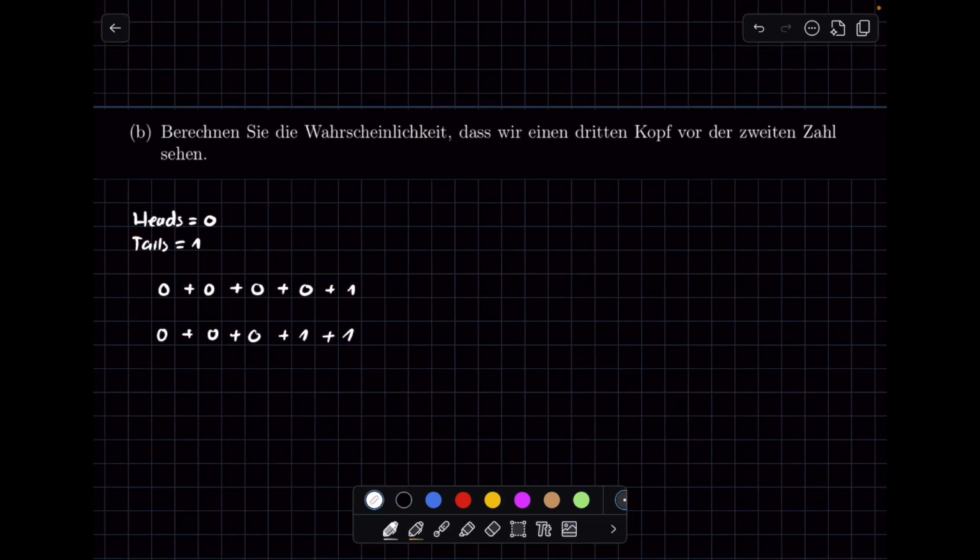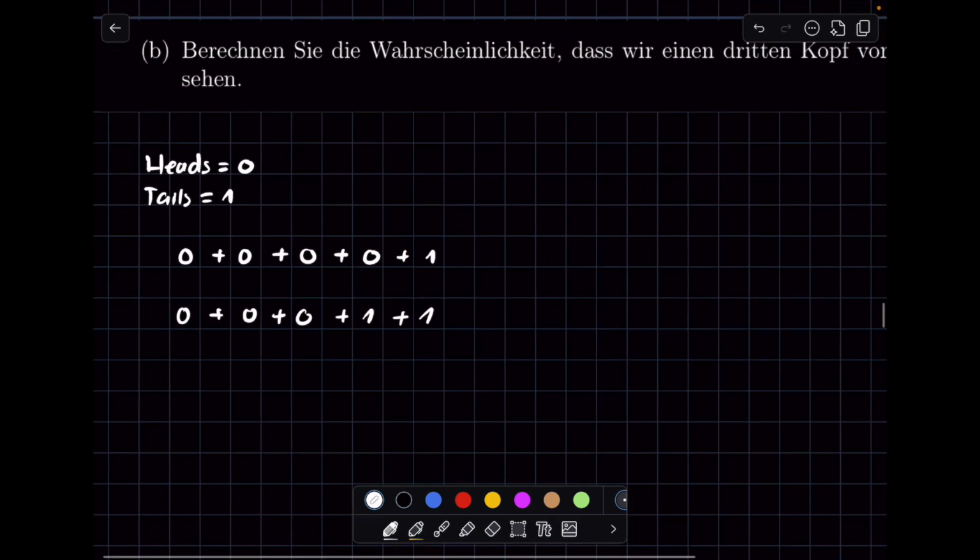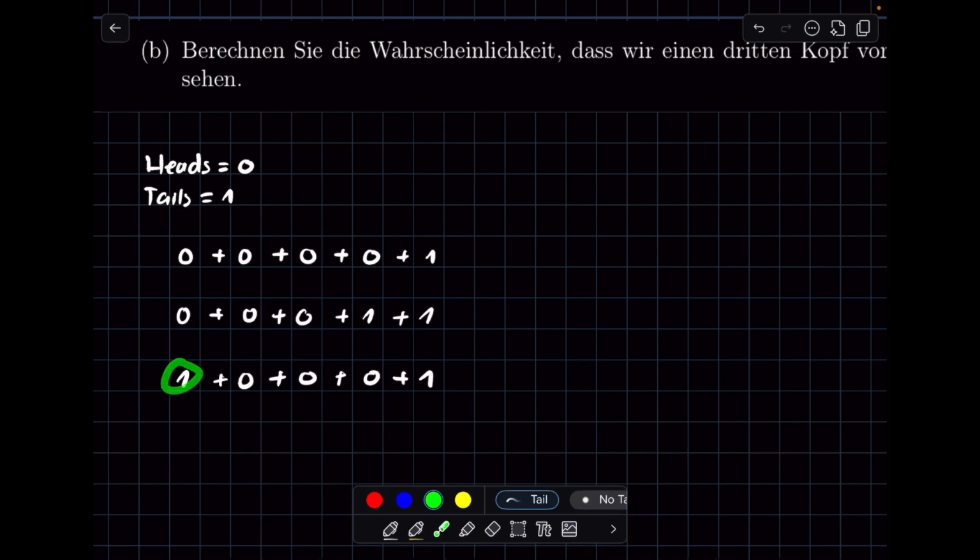In this case, we also got 3 zeros before 2 ones. We can also do 1 plus 0 plus 0 plus 0 plus 1. In this case, we've got 1 tail and 3 heads, but that was another case where we get all the heads that we want before the 2 tails.